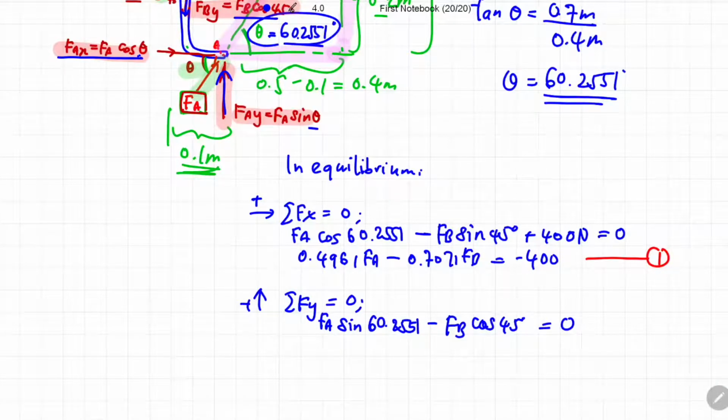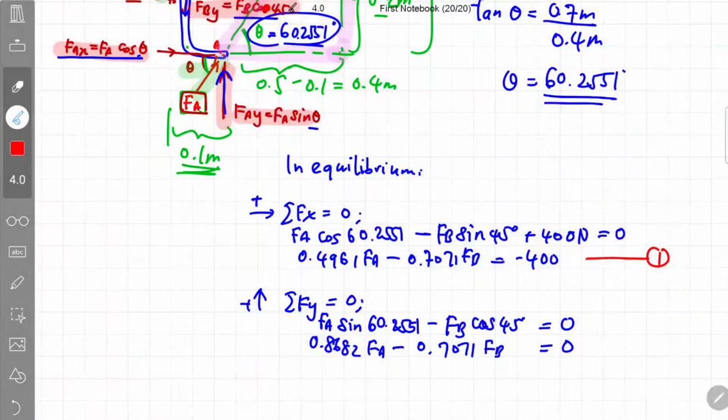So now, if I were to use my calculator, I can simplify this equation into 0.8682 of FA minus 0.7071 of FB. So ini sama dengan kosong.